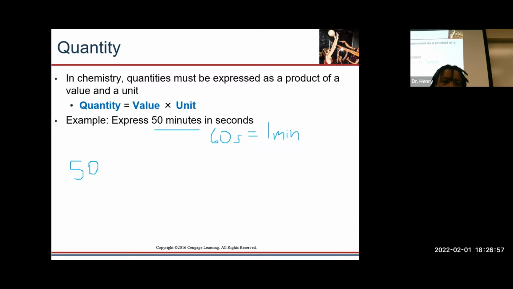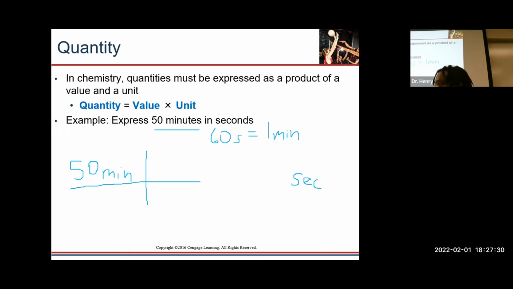And we want to change it to seconds. So I set up this nice little table, 50 minutes, and I'm converting it to seconds. Seconds is what I want. Okay, so if I want to get rid of minutes, we kind of talked about this last week, right? If I have x over x, it cancels out. So if I have minutes over minutes, it's going to cancel out. So in this case, I'm going to put the minutes where?